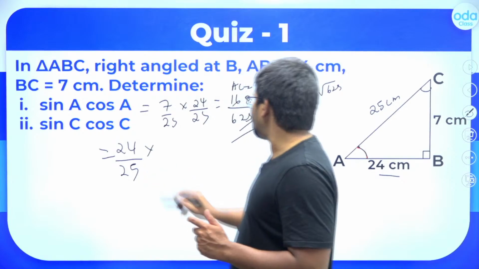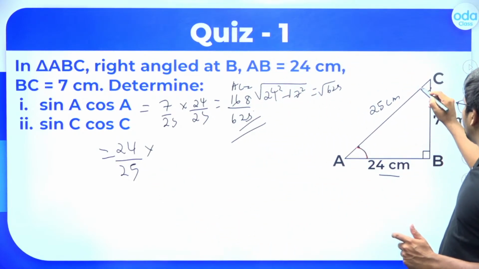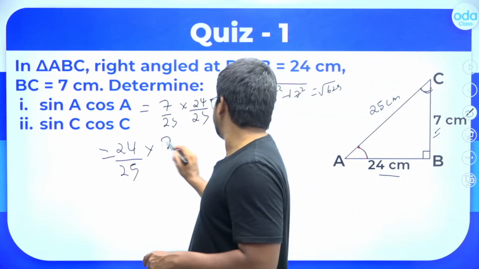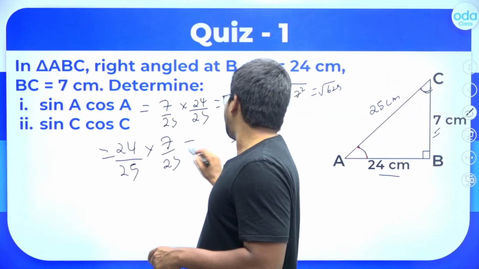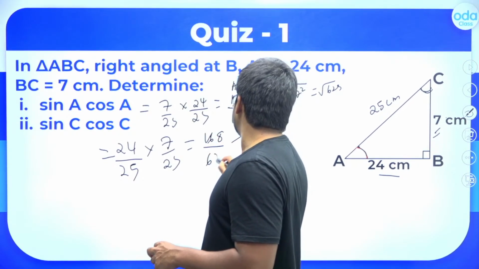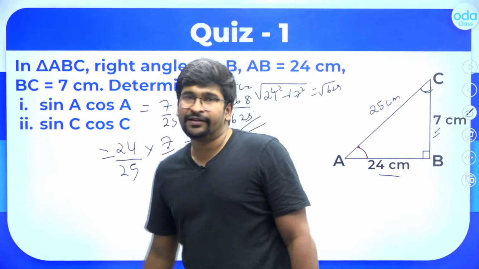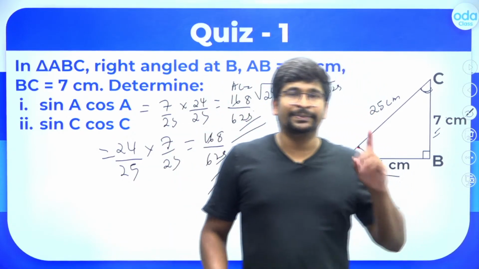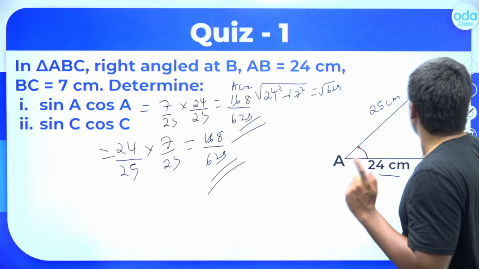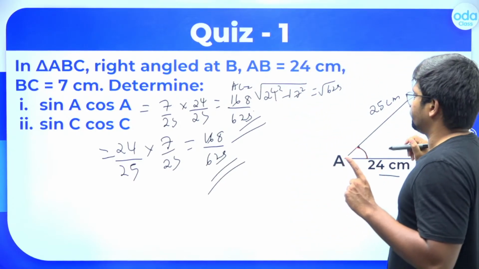Into what is cos C? Cos C, for this angle, adjacent side will be 7 divided by 25. So the final answer will be the same, 168 divided by 625. So both the answers are the same. I hope it is clear to all of you. Very important type of question, can come as a 2-mark question. Alright, so everyone should solve this.